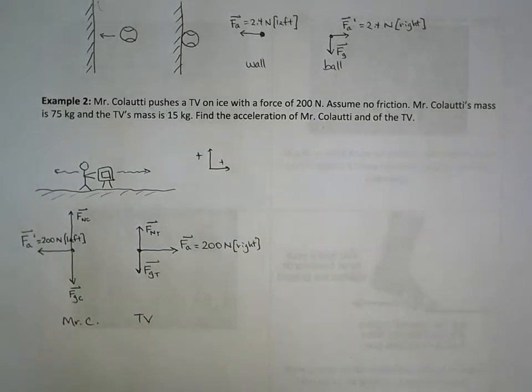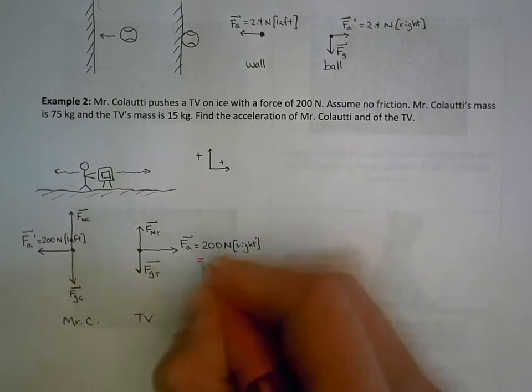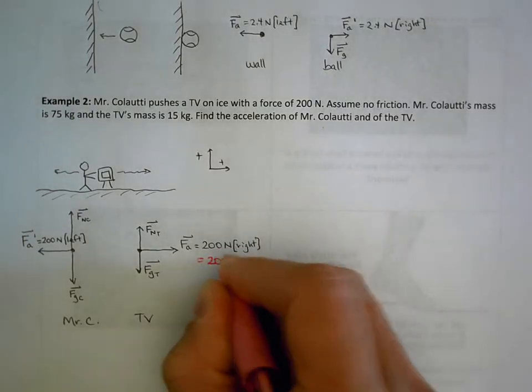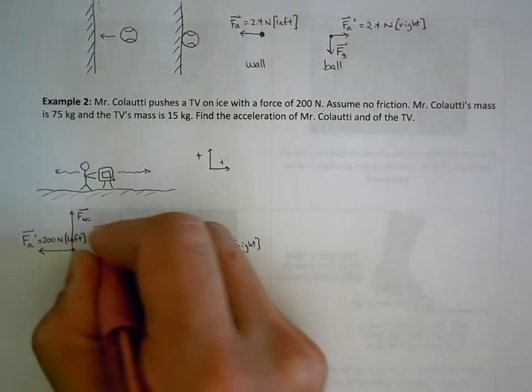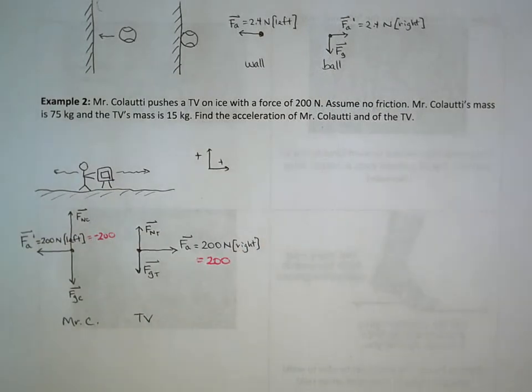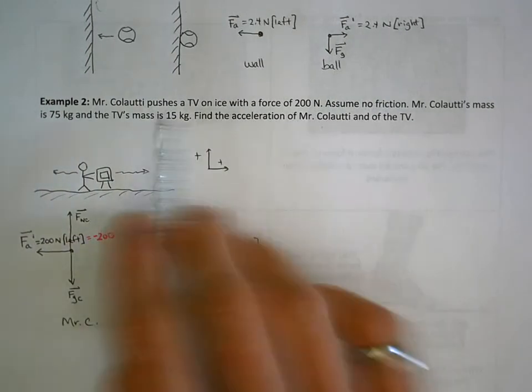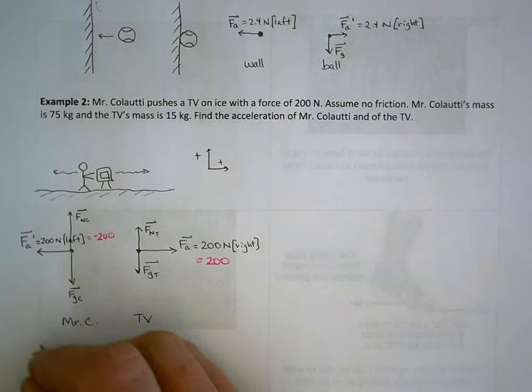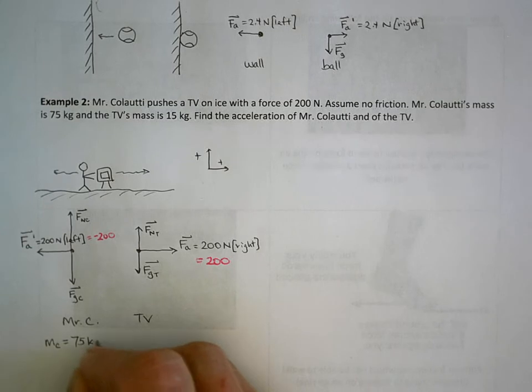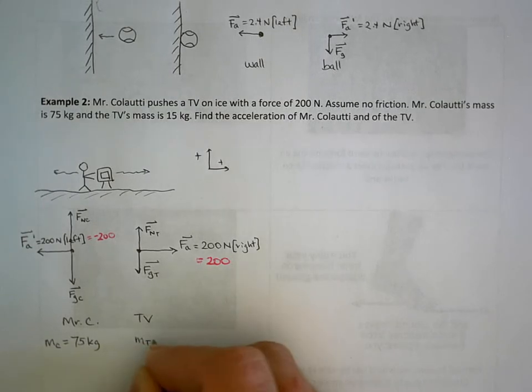Okay, we'll have to live with this pink pen for today. This is going to be plus 200 and this is going to be minus 200. The other givens that we have are Mr. Colati's mass, so mass of C is 75 kilograms, and MT is equal to 15 kilograms.